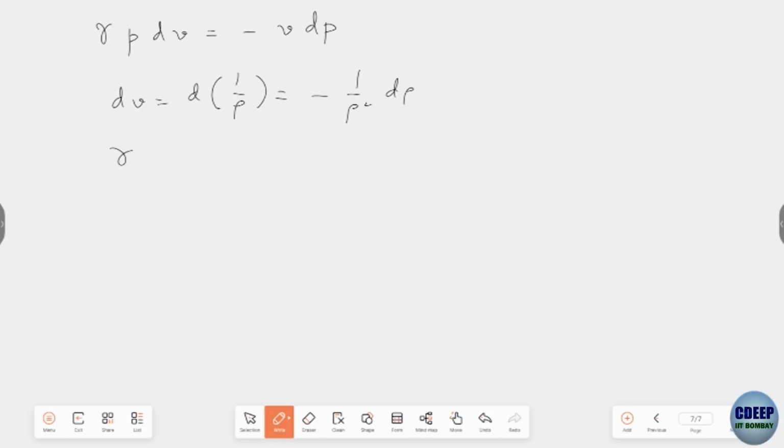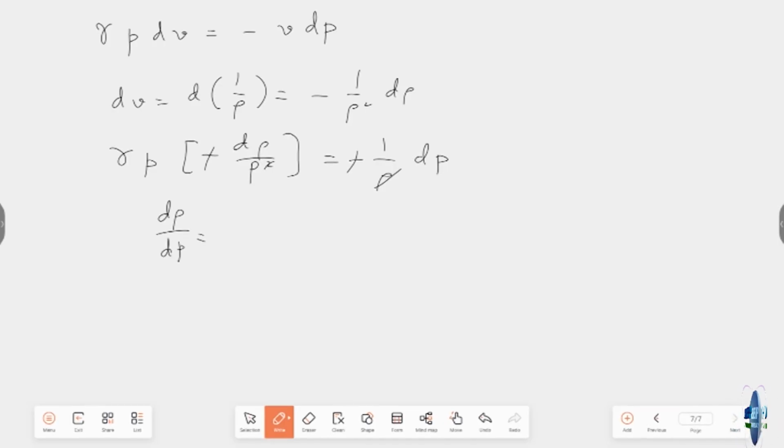So I got gamma P times minus d rho by rho square is equal to minus 1 by rho dP. Minus cancels out, one of these rhos cancel out, and I get d rho by dP is equal to rho by gamma P, which is of course 1 by C naught square.